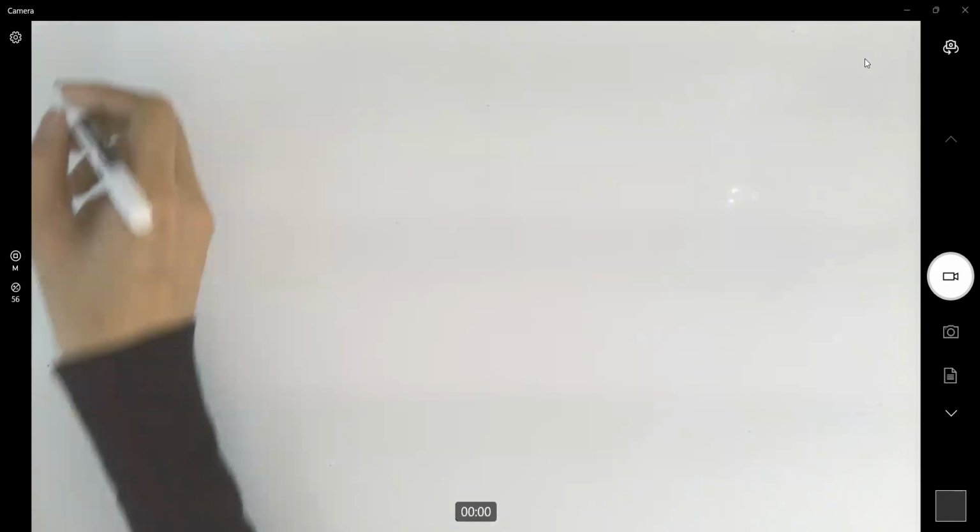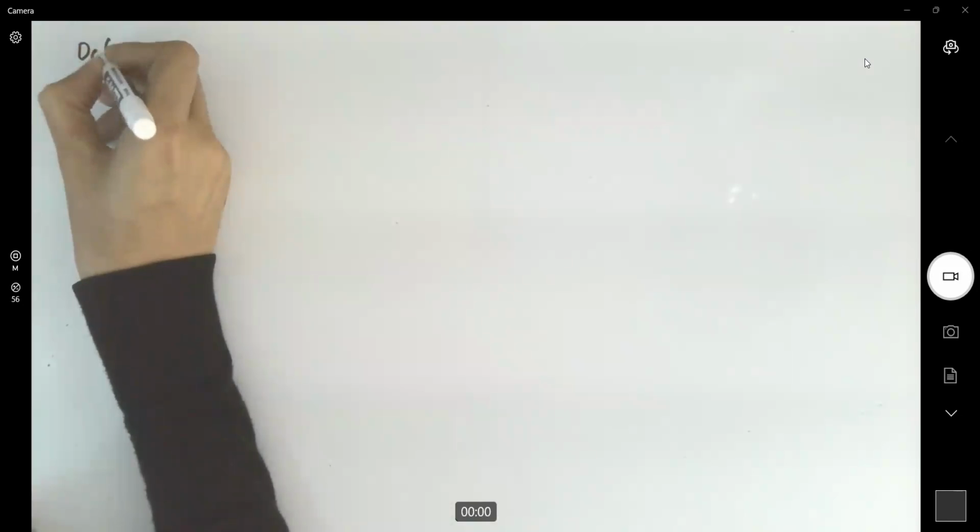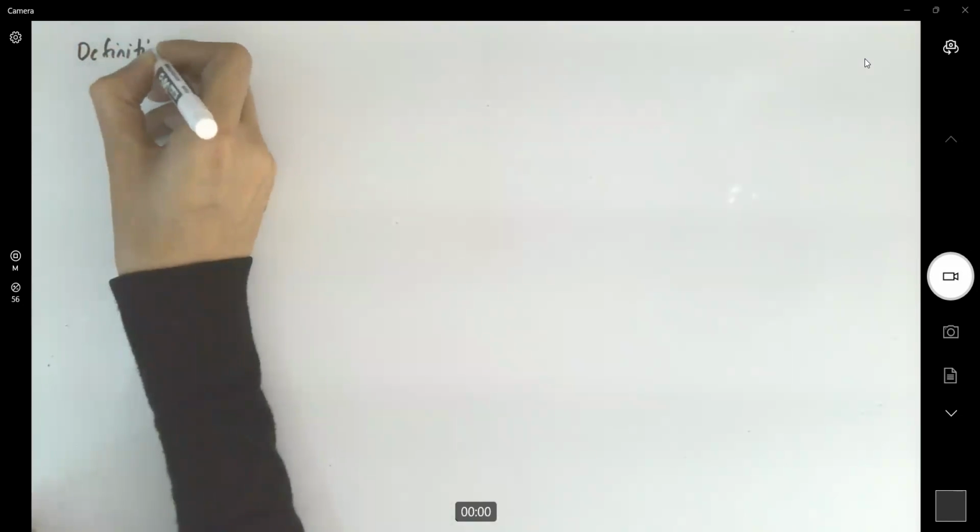Curl and divergence. Well, definition of curl.